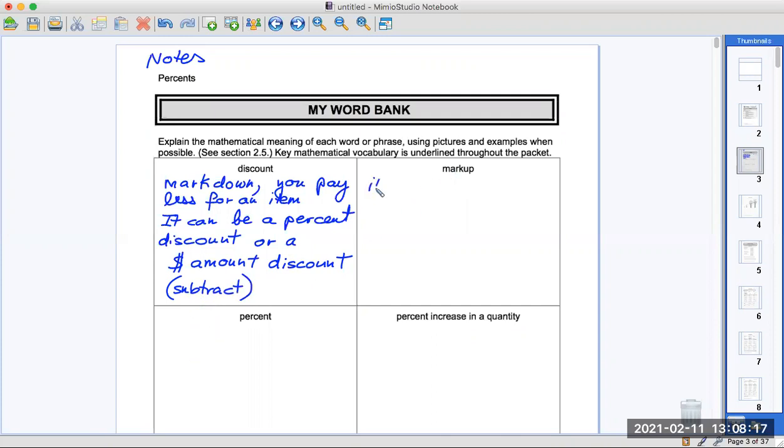Okay, markup is when you pay more. It's called an increase. So increase means you pay more. Again, it can be in percent, and this is the symbol for percent.